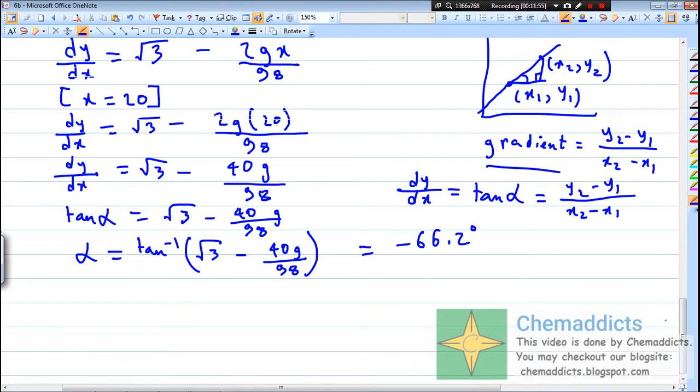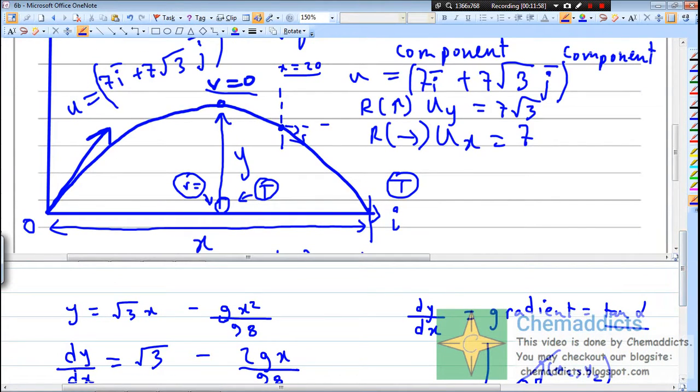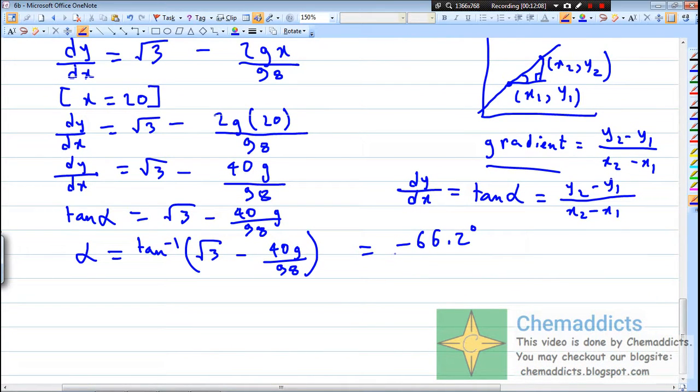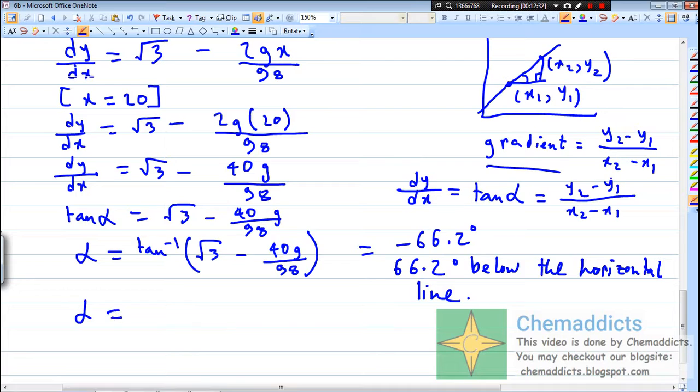Since it is below the horizontal line, we can also write it in other words as 66.2 degrees below the horizontal line.